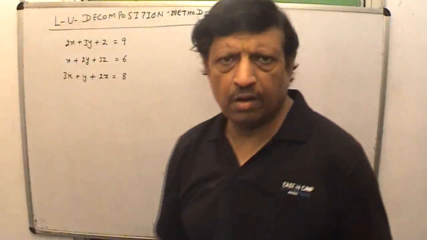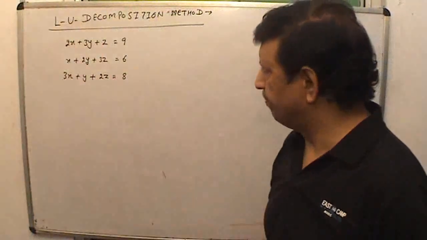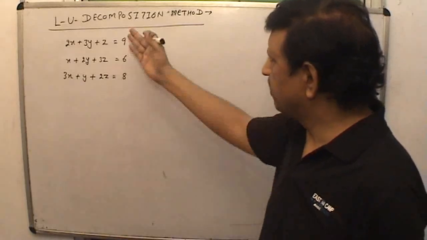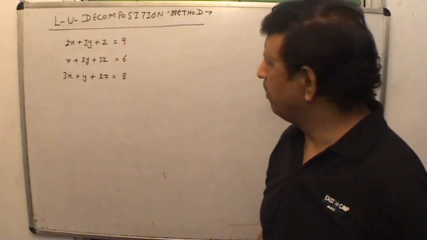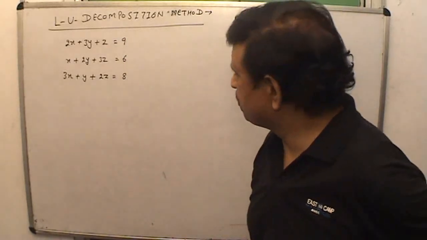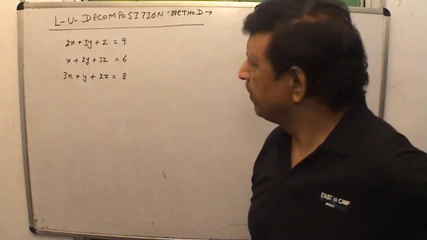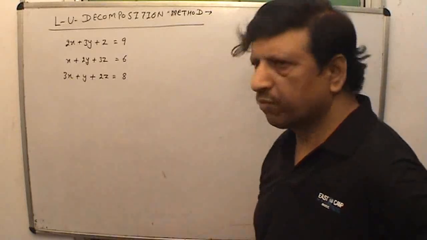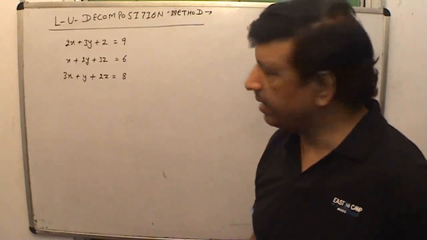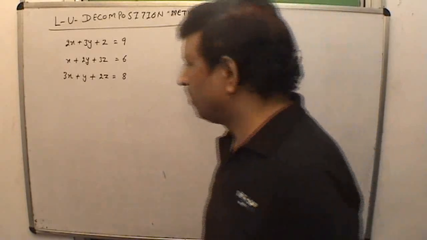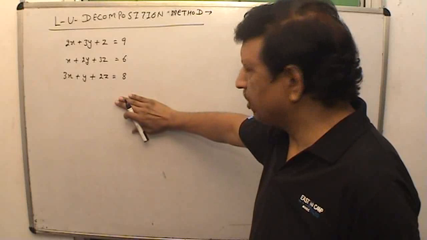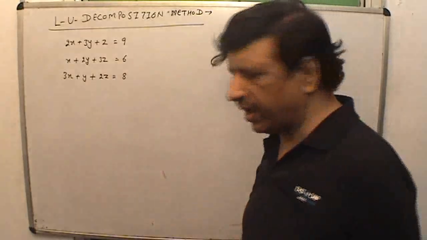We see again the system is the same which we were discussing, but now the method is different: LU decomposition method. So in spite of discussing its theory in detail, with the help of an example we can understand this method more simply and easily. We are going to divide it into different steps.